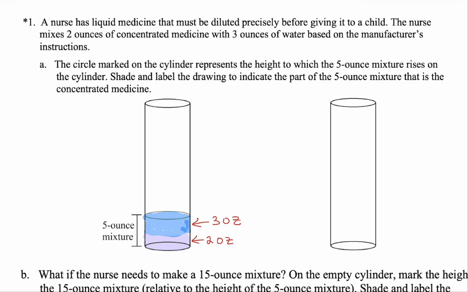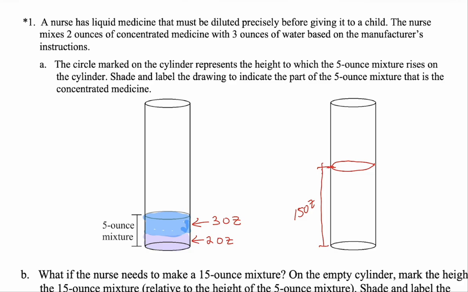It says in part B, what if the nurse needs to make a 15-ounce mixture? Okay, so let's assume, here's 5 ounces. So there's 10. Let's say 15 is about here. Now, we're just guesstimating, but let's put a little circle here, and let's mark that as 15 ounces. Now let's think about how we would need to break down the medicine for that larger child for a 15-ounce medication.